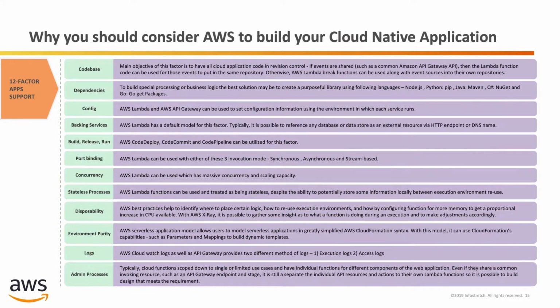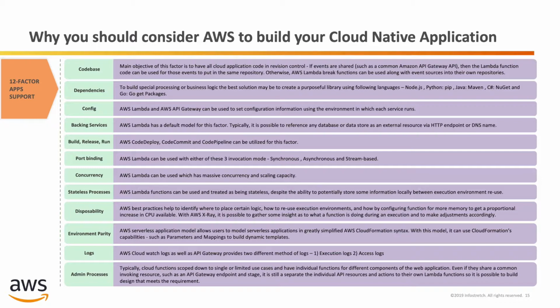Thank you. So in this slide, we'll talk about how we can apply the 12-factor app methodology to serverless applications. So with reference to the 12-factor app methodology, if we quickly go through these best practices here, for code base, for a single serverless application, your code should be stored in a single repository in which a single deployable artifact is generated and from which it is deployed.